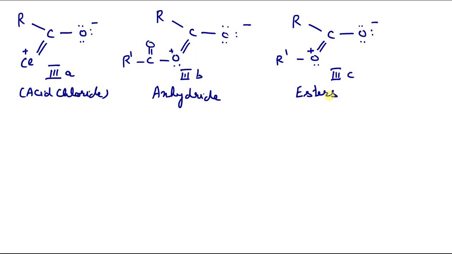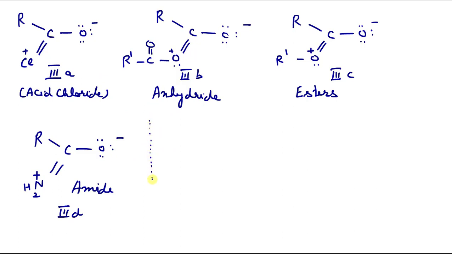And finally in case of amide the structure will be R-C(O negative)=NH2 positive. This is in case of amide. Let us give it number 3D. Now we will see which out of 3A, 3B, 3C and 3D is most stable.